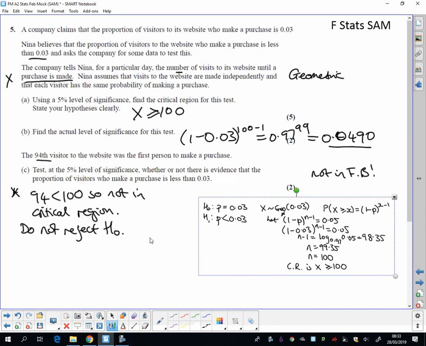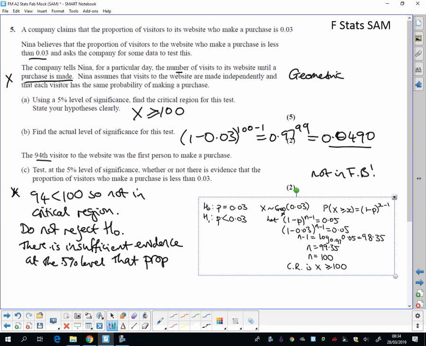Now we can never be certain when we do a hypothesis test, so I can't say the probability is 0.03, but we can say there is insufficient evidence. You'd say there is evidence or there is not enough evidence at the 5% level. Then we're going to put this in the context of the question.